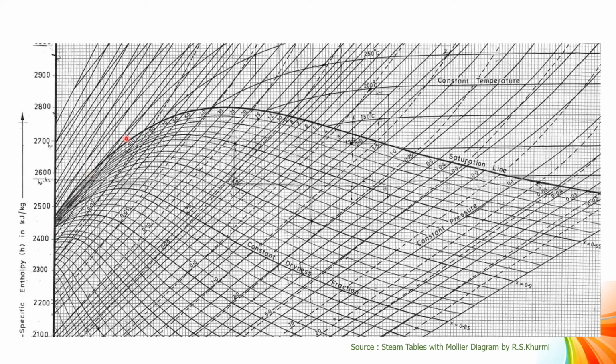This diagram is divided into two partitions by the dry saturation line. Now we have to find out the values of specific volume and enthalpy at state 1 and state 2 by using this Mollier diagram. So in our problem they have given at state 1 P1 equal to 8.75 bar and the steam is dry saturated.